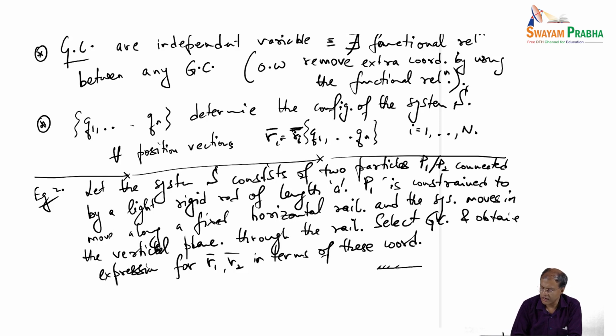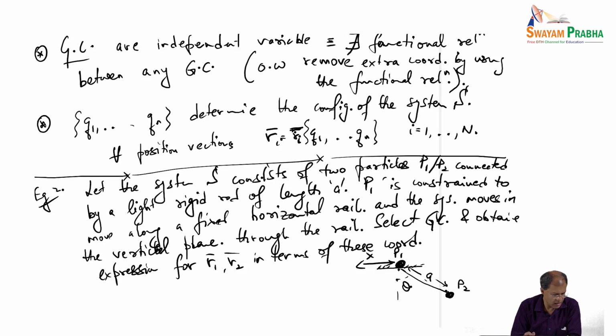One is allowed to move on a fixed rail. So this particle P1 is allowed to move along the horizontal direction, let's say x. And then we have a second particle which is hanging from the first particle at a fixed distance, let's say a. And the second particle P2 is allowed to, of course, rotate. So this is the rotation angle theta.